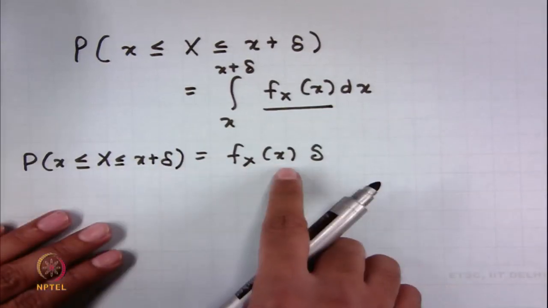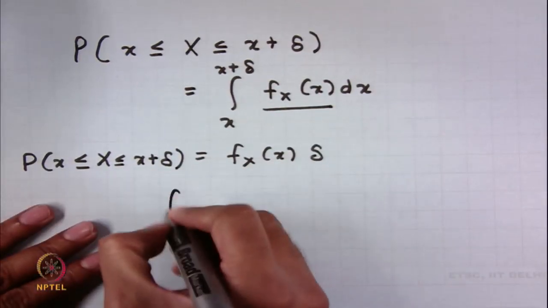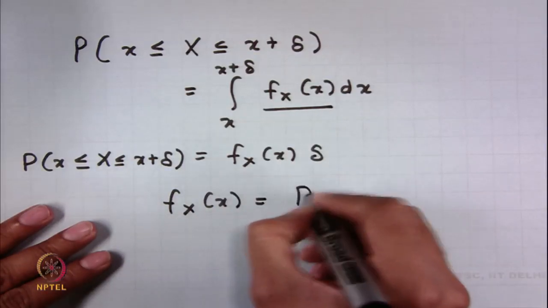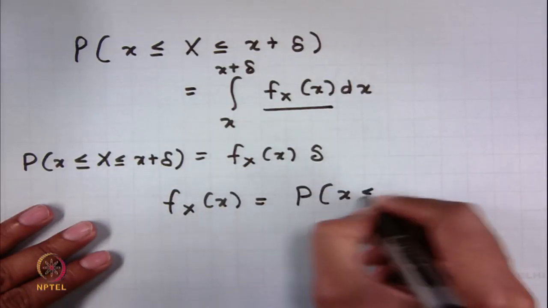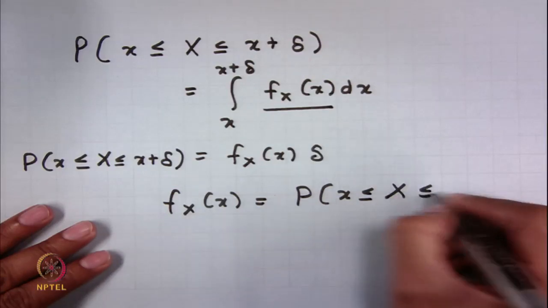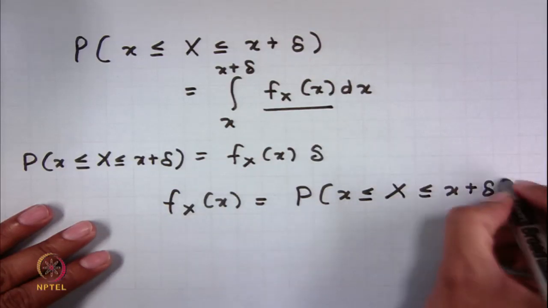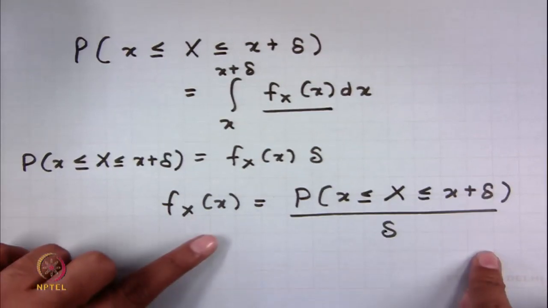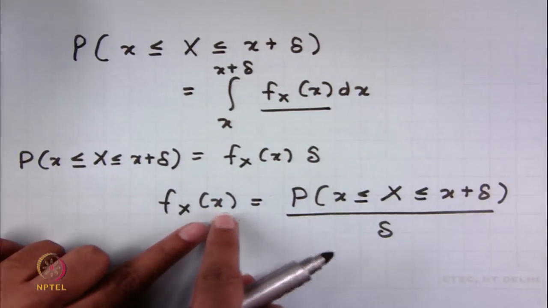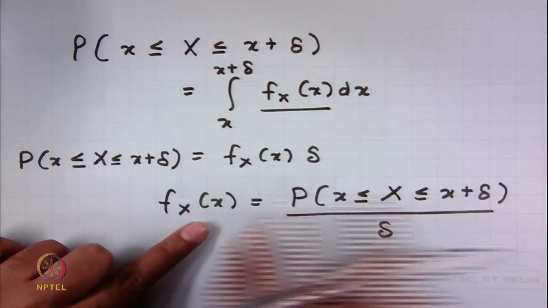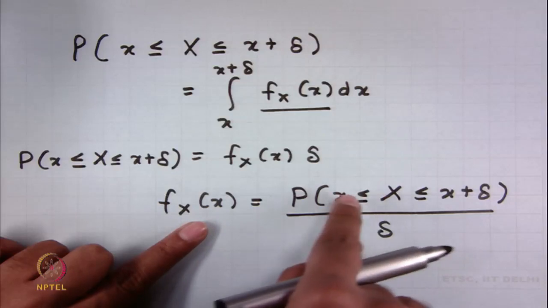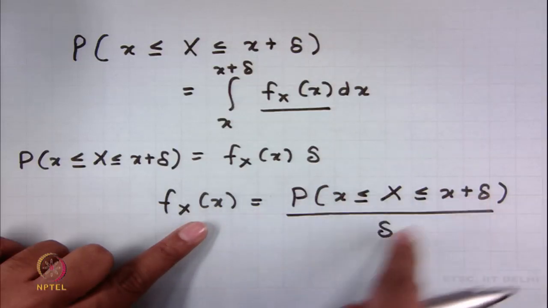All right. So, I can think of this probability density function in this way. So, what I am saying is probability density function is the probability of a random variable taking a value between x and x plus delta divided by delta.